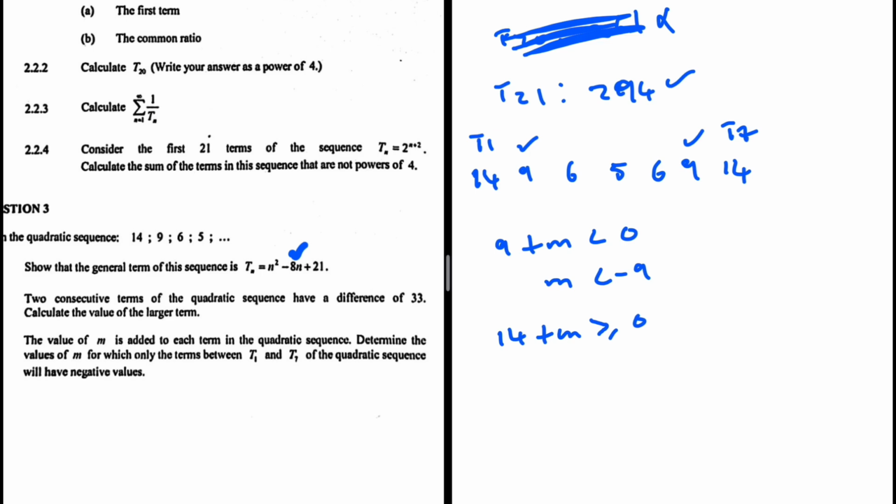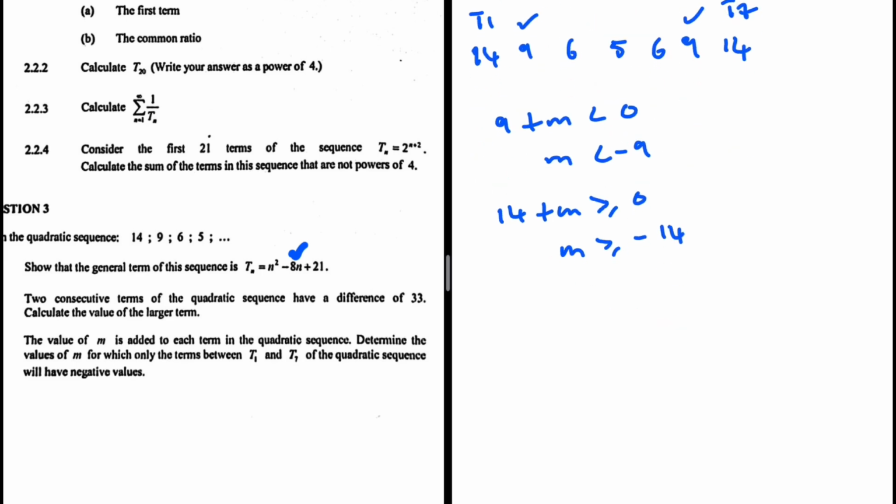It can be greater or equal to 0 because 0 is neutral, right? It's not negative or positive. So we can get away with that equal to sign there. So we're saying we need M to be greater or equal to minus 14. Right, so M needs to be less than minus 9, but M needs to be greater or equal to minus 14. We can obviously write this as minus 14 less than or equal to M less than minus 9. So there we go, 3.3.